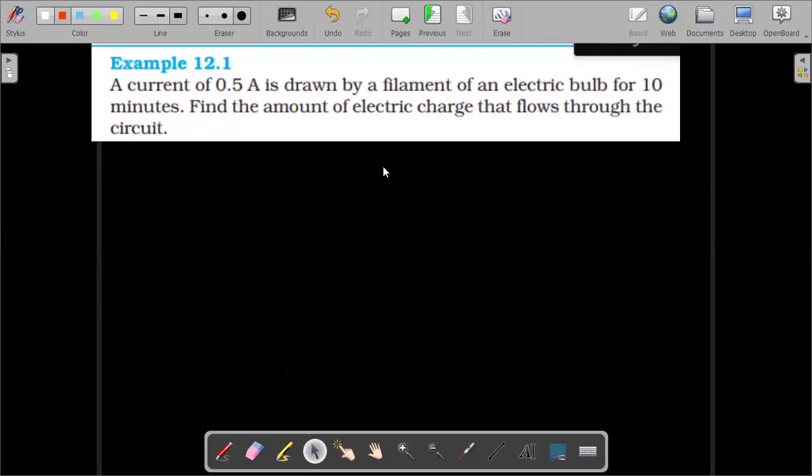Find the amount of electric charge that flows through the circuit. So which formula should we use here?